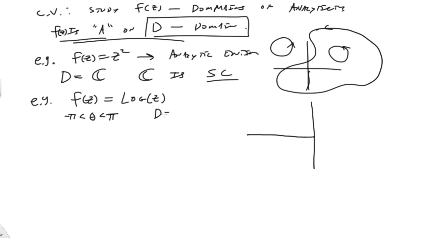D is equal to the complex plane minus all points z such that the real part of z is less than or equal to 0. We usually draw that by scratching off the negative real axis like that. So D is everything else all around here, and that just keeps going off. So that's our branch cut.